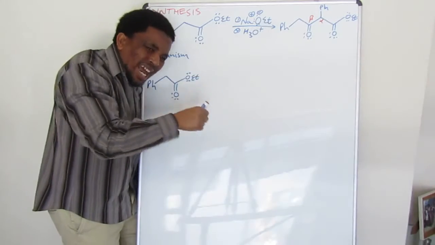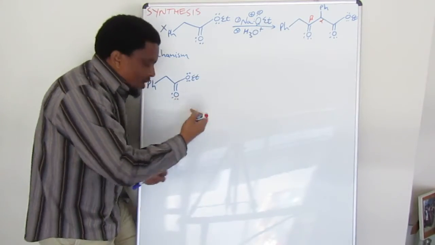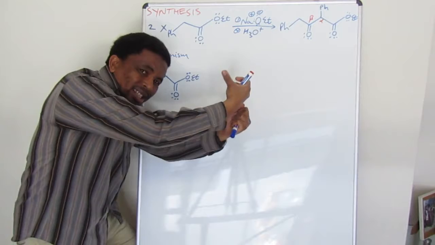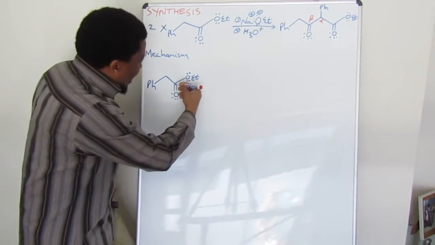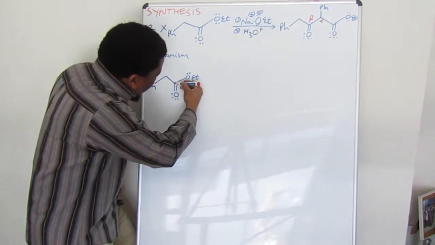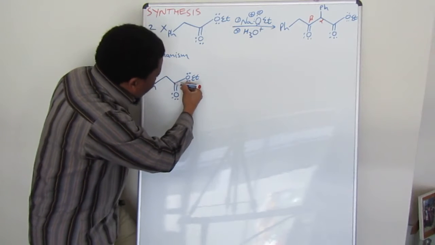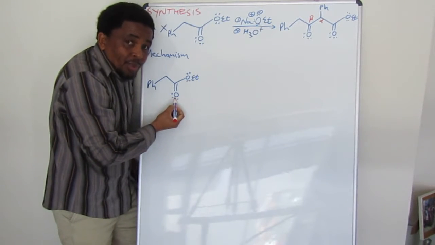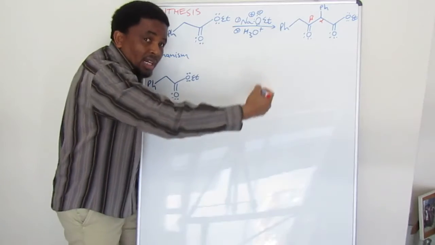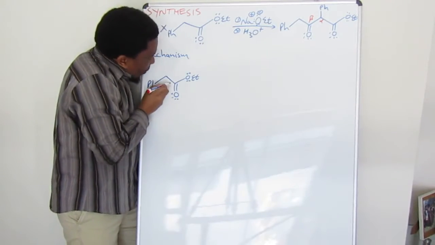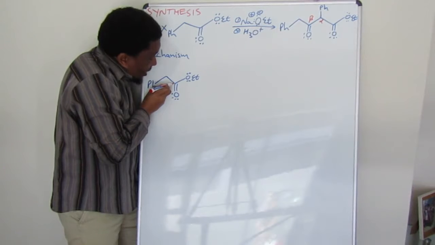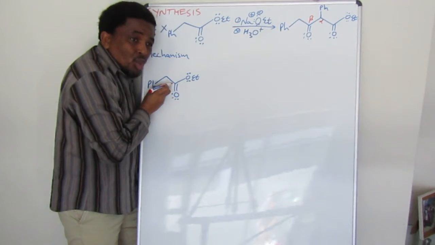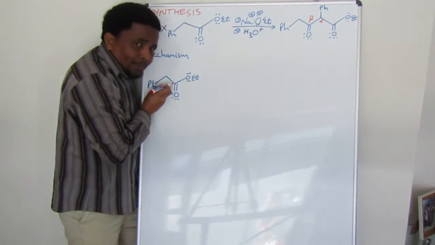Therefore, by inductive effect, this oxygen pulls the electron density towards itself. The electrons move towards oxygen, and oxygen assumes a sigma negative state, as we have already seen with aldehydes and ketones. Then this carbon atom assumes a sigma positive state.